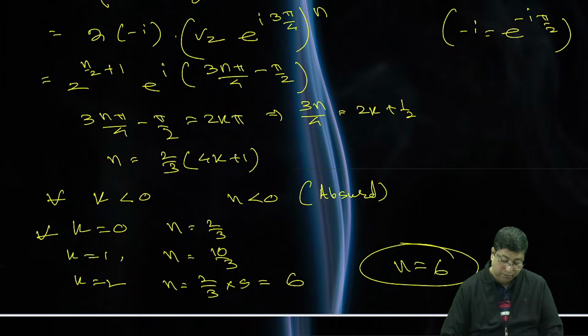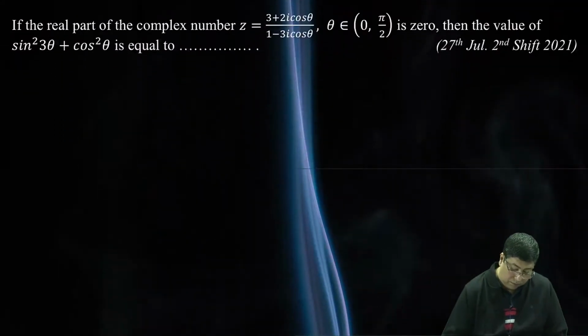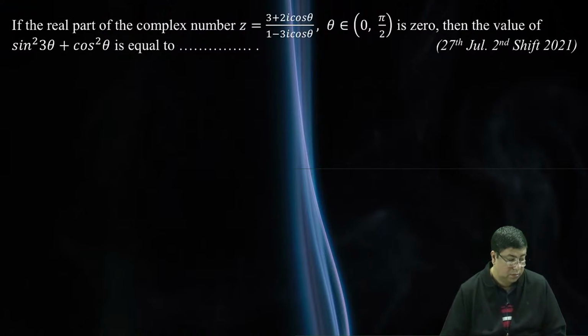Let's go to the next sum. If the real part of the complex number z equals (3 + 2i cos θ)/(1 - 3i cos θ) is 0, then find the value of sin²3θ + cos²θ.